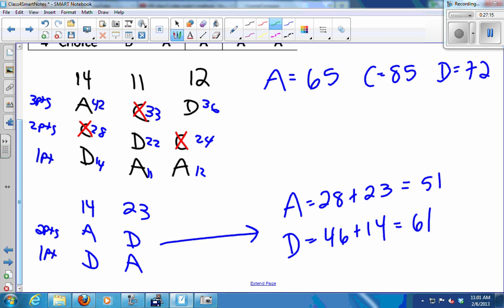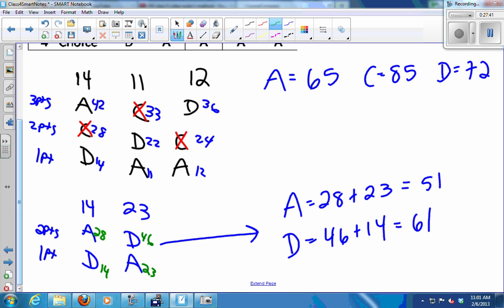So I made this new preference table. 2 times 14 is 28, 2 times 23 is 46. So D wins this. D wins the fight for not being the very last place.